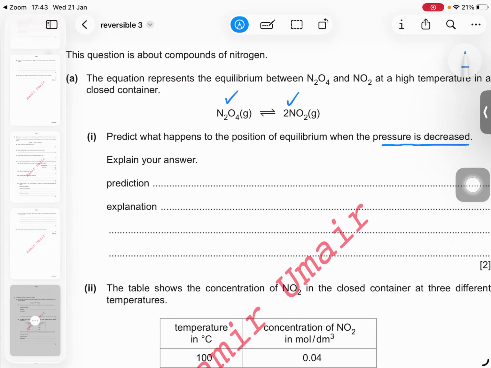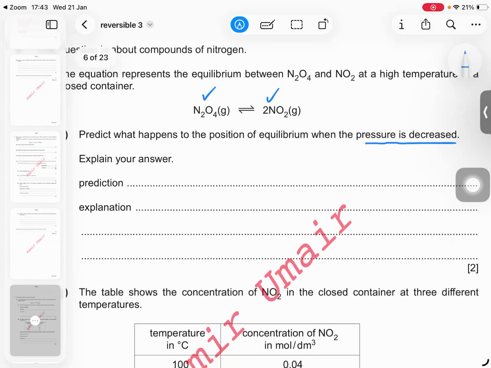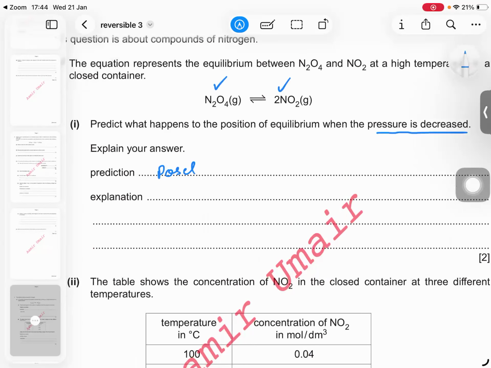Decrease in pressure shifts the equilibrium where? To more moles or less moles? More moles are present, so which side has more moles? Right hand side. So position of equilibrium moves to the right hand side.